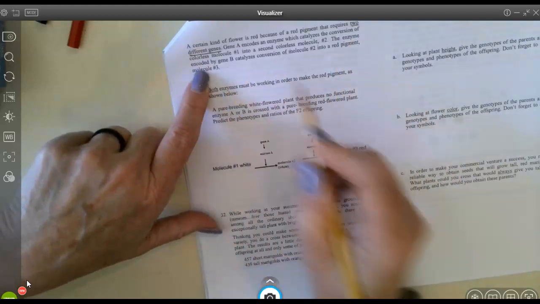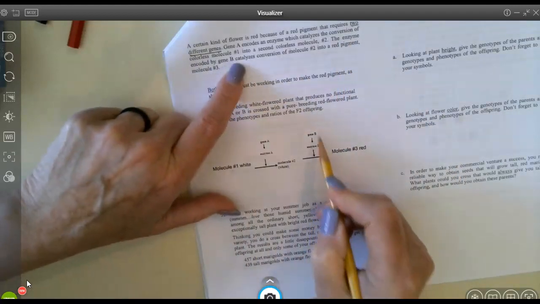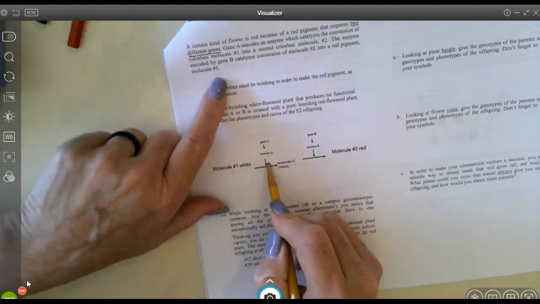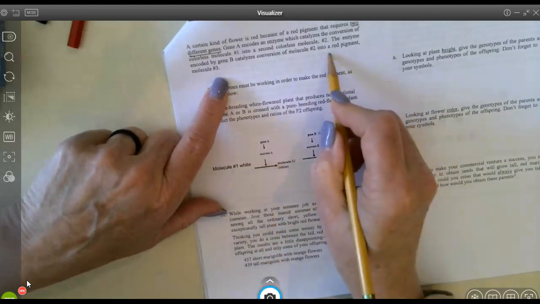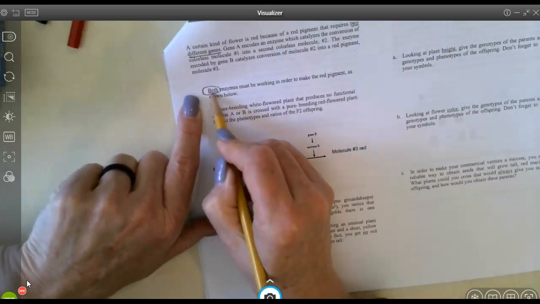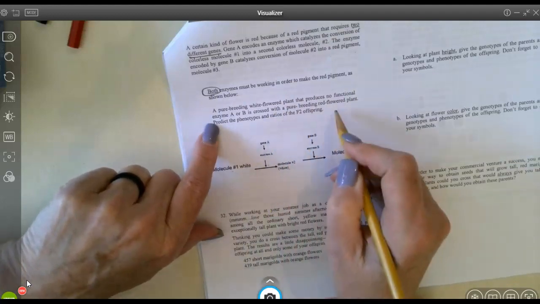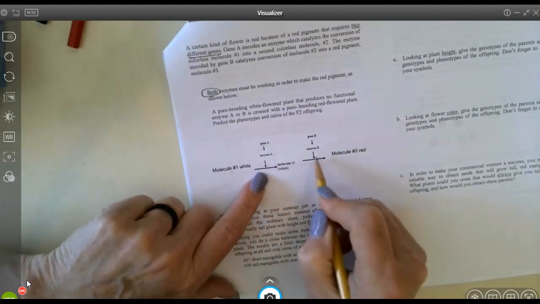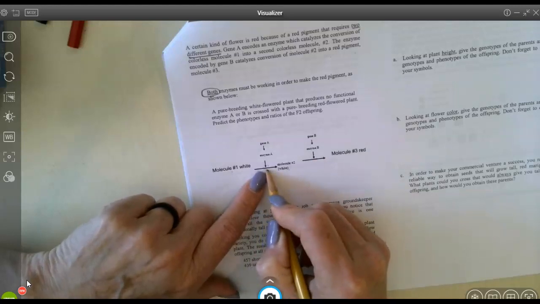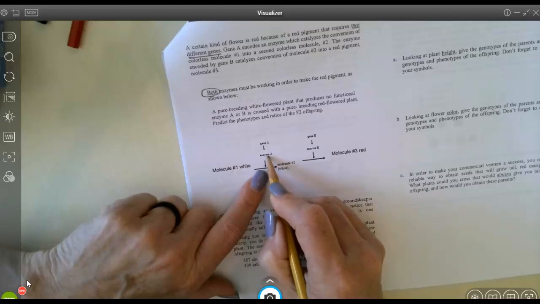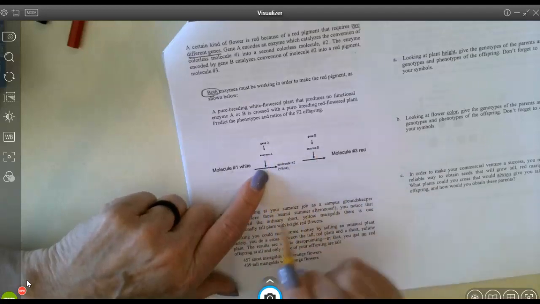Then there's another gene, gene B, that codes for an enzyme that converts this second colorless molecule into red pigment. Both have to be working. So you have to have dominant alleles for both of these genes so that they create the working version of the enzymes for both of them.